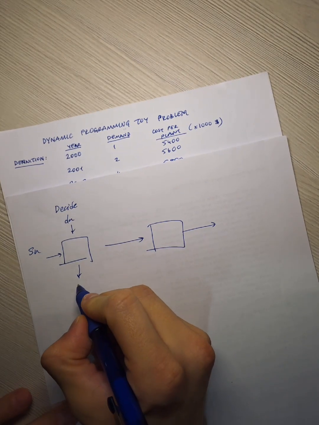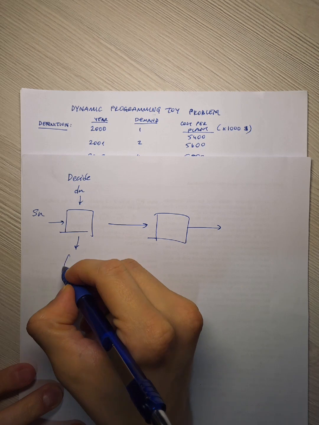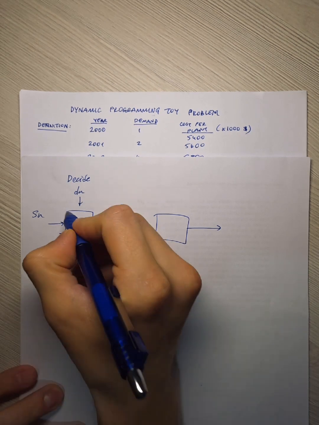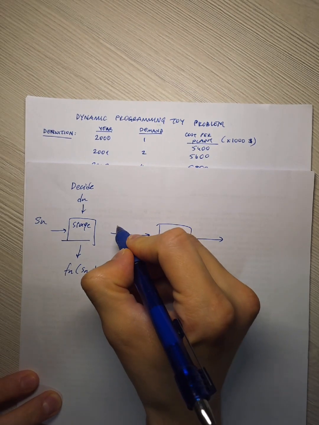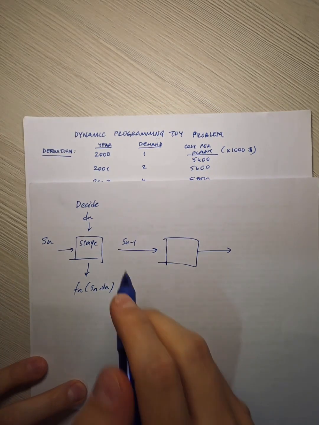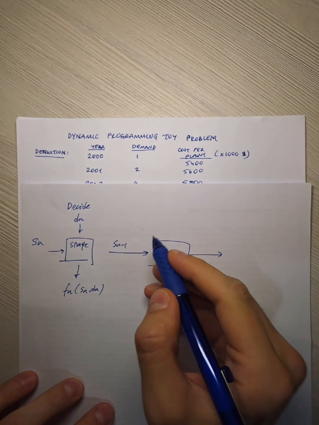And we will observe an output. This will be the cost of this operation, based on the state and the decision. So this is called a stage. Okay, we will solve this problem in backward recursion. So we will start from the last one till the first state.